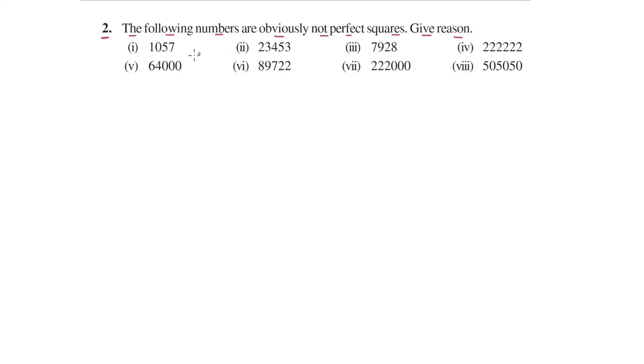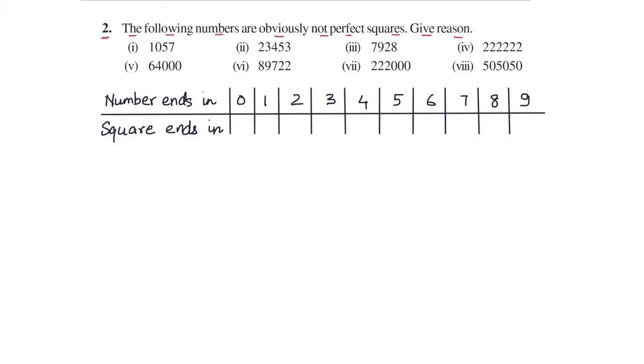Before we analyze each number, let's first look at this incomplete table in which the first row has numbers ending in 0 to 9, so the unit digit of the numbers could be any digit from 0 to 9, and the second row stands for the unit digit of the square of the number.